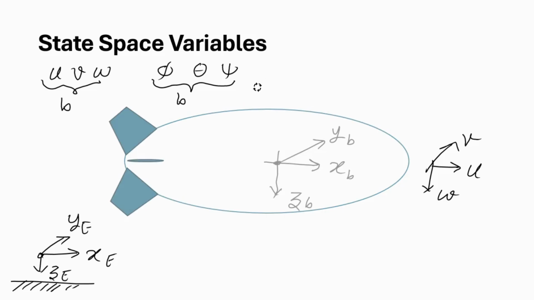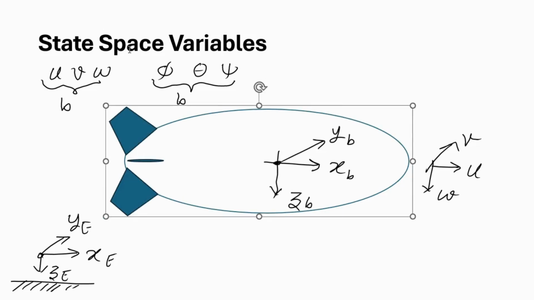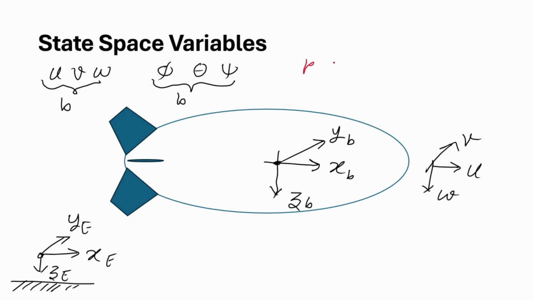These rates are defined as P, Q, R for the body. P for roll rate, Q for pitch rate, and R for yaw rate. So basically P, Q, R are the roll, pitch and yaw rates. This is also defined in the body frame, with respect to the body. So now we have defined a total of 9 state variables.